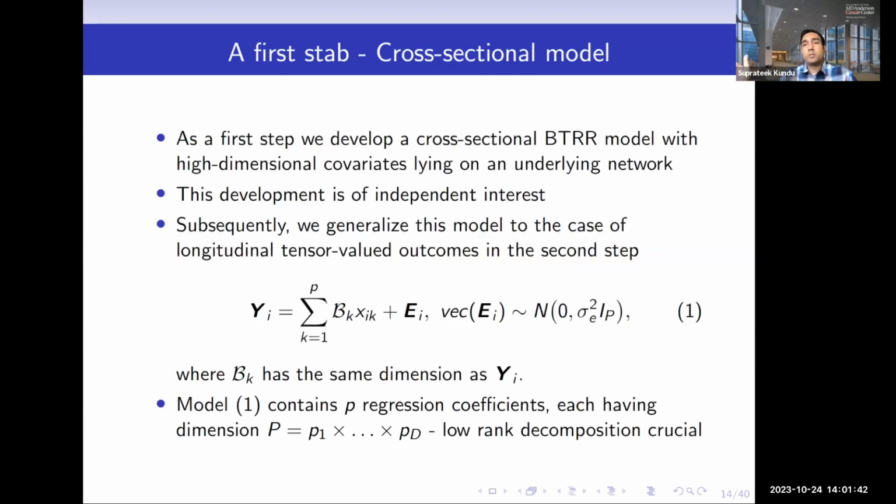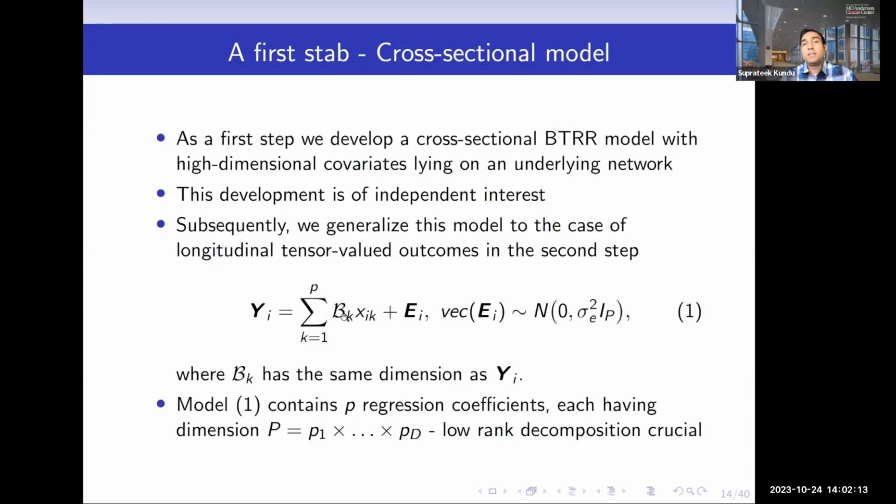So before going to the longitudinal model, let's talk about a more simplified version, which is the cross-sectional model, because there are innovations here as well. If you think about the cross-sectional model, we are doing something called a Bayesian tensor response regression. So this model, equation 1, is nothing but a Bayesian tensor response regression. Y is your tensor, which is the image, and then you have P covariates, x1 to xp.